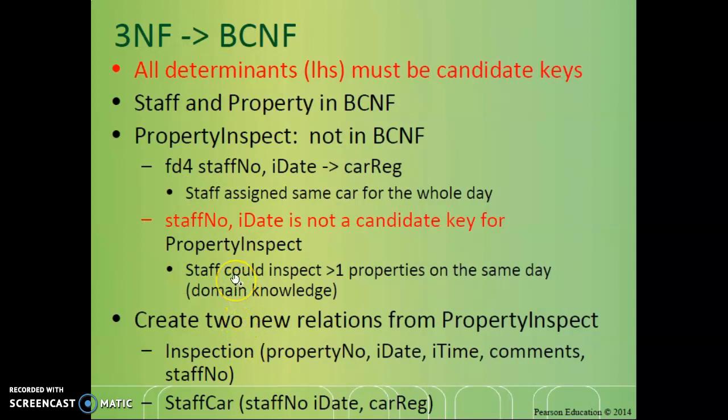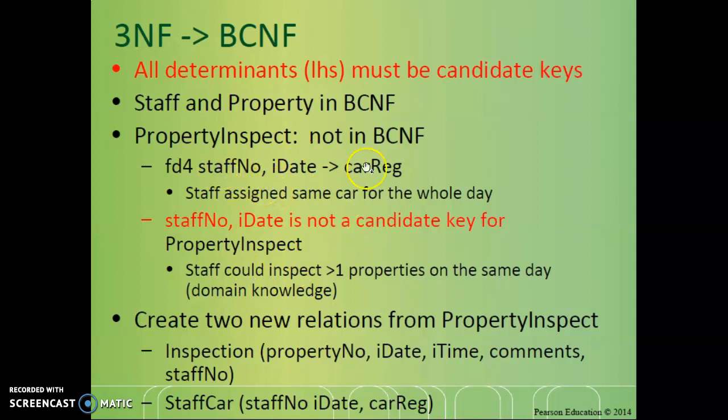BCNF means every determinant of a relation is a candidate key. All determinants, that means left hand side, LHS, must be candidate keys. Therefore, to test for BCNF, we simply identify all the determinants and make sure they are candidate keys.